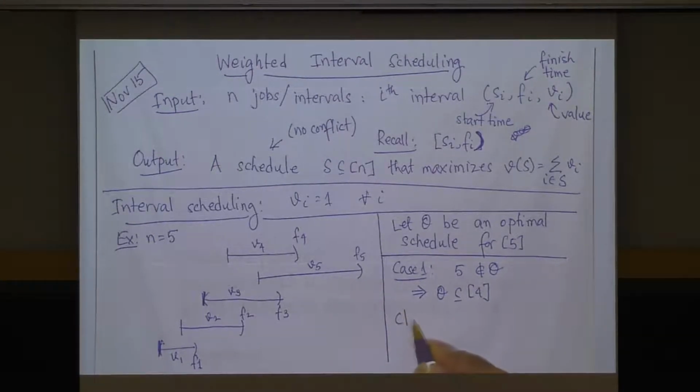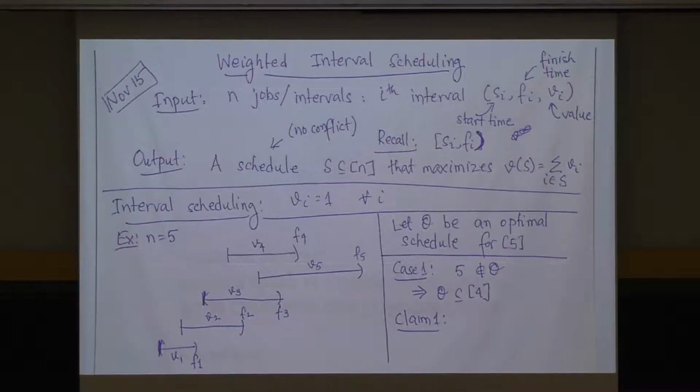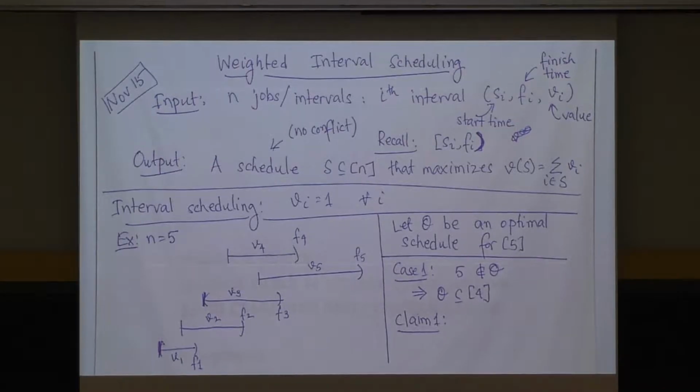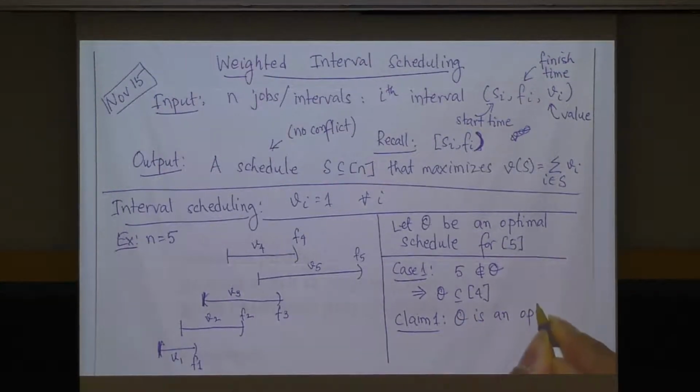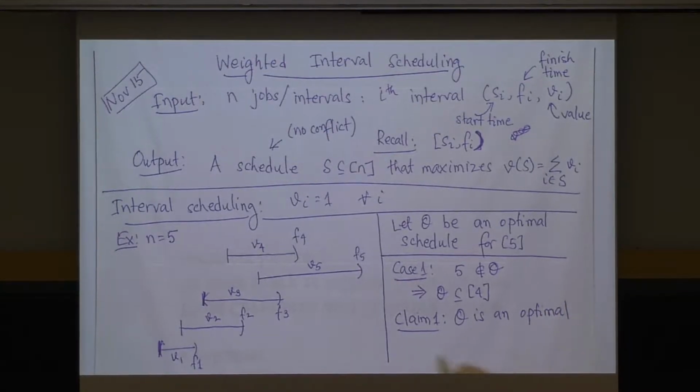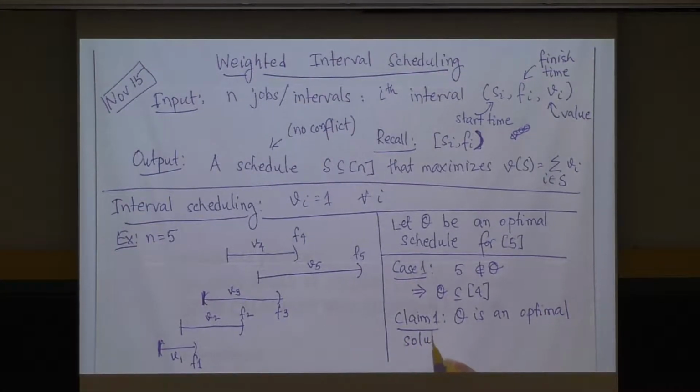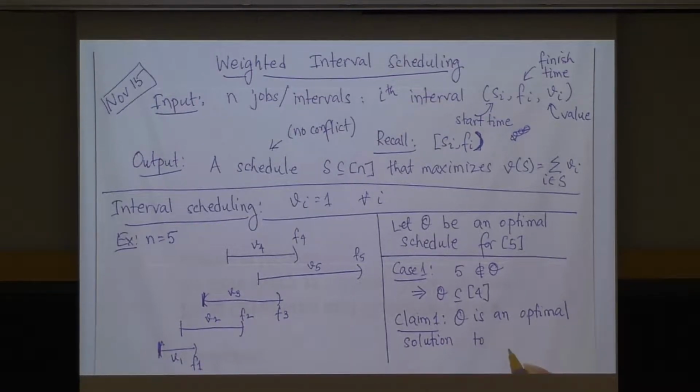Okay, so the interesting aspect of this is we're going to argue, well, not only is it the case that this O has intervals only from 1 to 4, it will actually be an optimal solution from 1 to 4. So we're going to claim O is an optimal solution to 4.